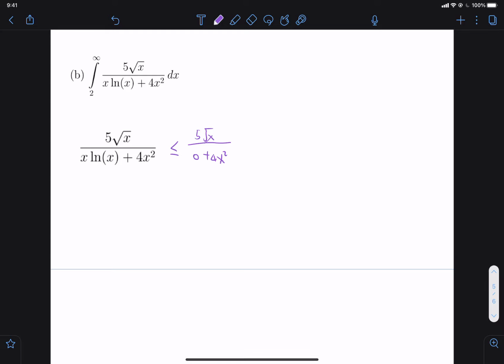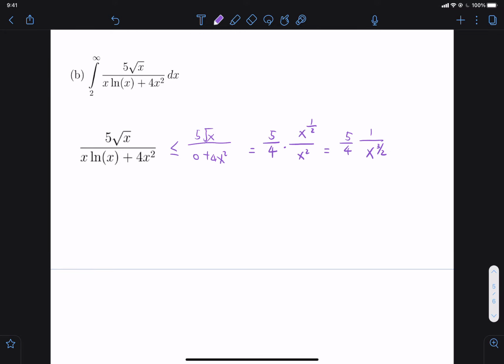Now we want to continue to drop things. This is already a power function, so there's no need for that. Factor out the coefficient, that is 5 over 2. This is x to the 1 over 2, this is x to the 2, together that becomes 1 over x to the 3 over 2.